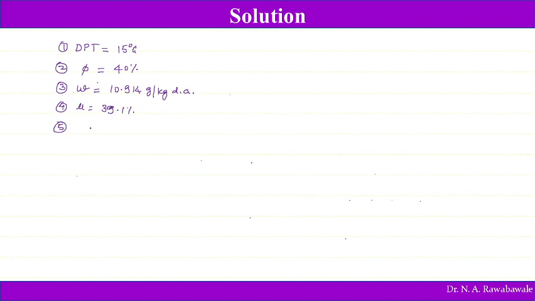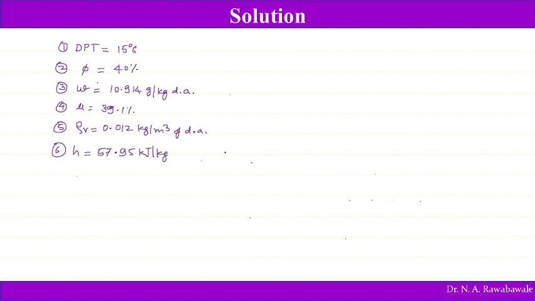And fifth, we obtained vapor density rho_v as 0.012 kg per meter cube of dry air. And sixth, enthalpy H is equal to 57.95 kilojoules per kg.